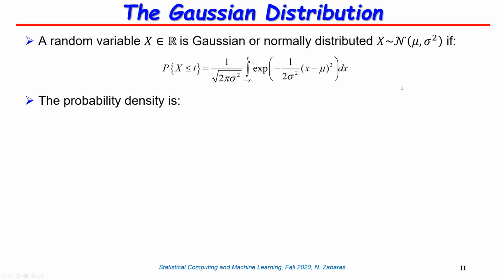So the density for the univariate Gaussian is what you see here. And again, that's something we're going to see an infinite amount of times. So it is important that you become very familiar with this formula, not only for the univariate case, but also for the multivariate case that we will visit in another lecture.